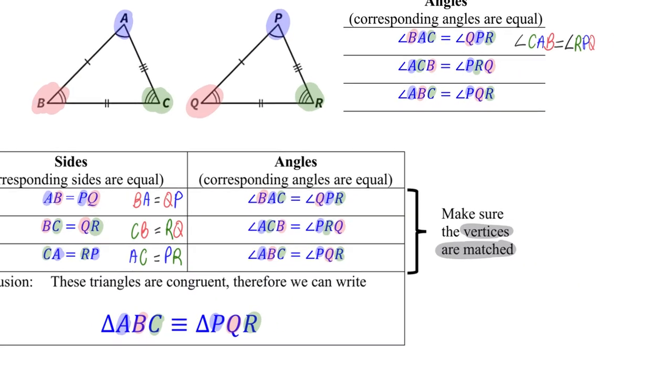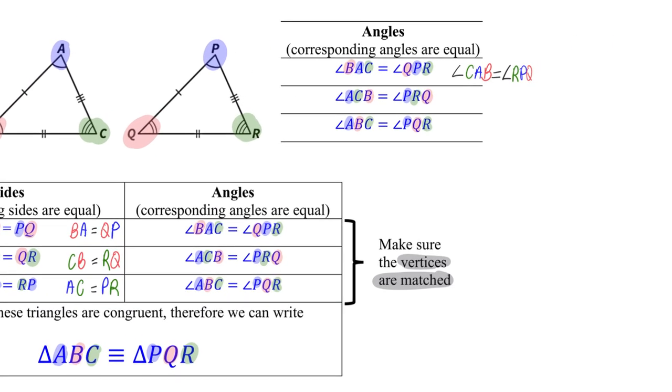Okay, and if I were to write angle BCA, then the corresponding angle will have to be written as QRP.